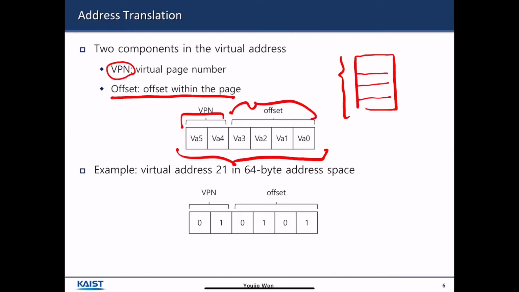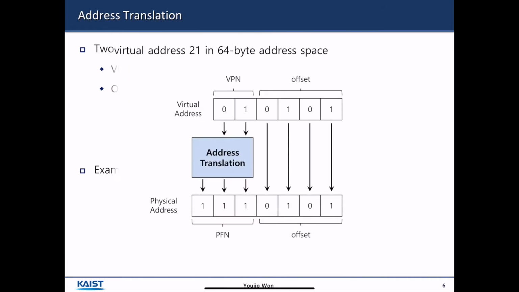So virtual address 21 in the 64 byte address space corresponds to as follows. 21 in decimal corresponds to 01 0101. The leftmost 2 bits correspond to the virtual page number, and the rightmost 4 bits represent the offset.